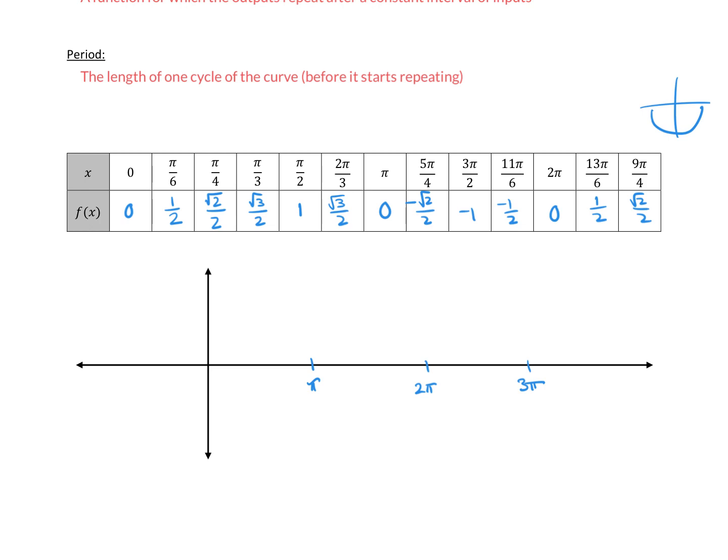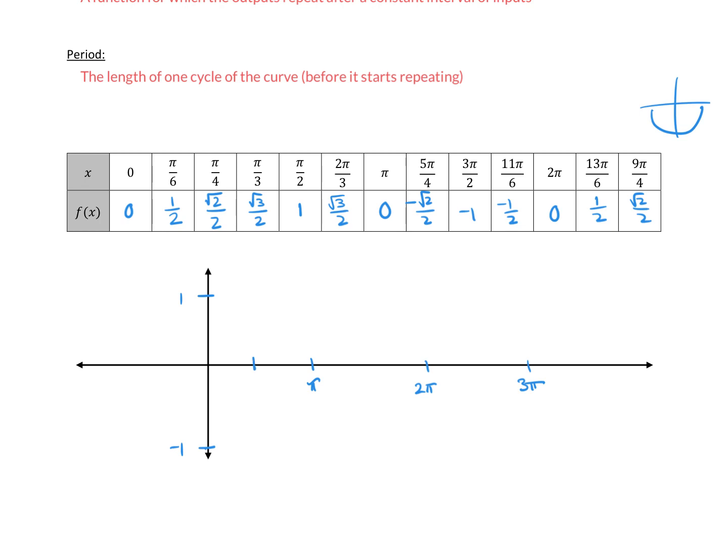All right, then our function values, the y values: the highest value that we get is a 1, and the lowest value that we get is a negative 1. So our function is going to have the highest point at 1 and the lowest point at negative 1. Then if we plot these points, we'll plot the obvious ones first. We've got 0, 0. Actually, no, we need a couple more things. So we've got pi.